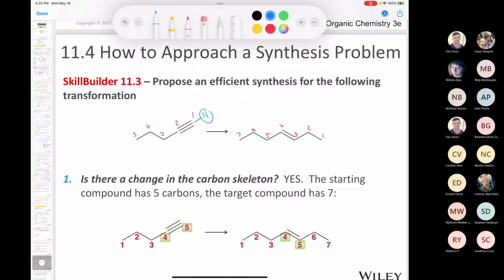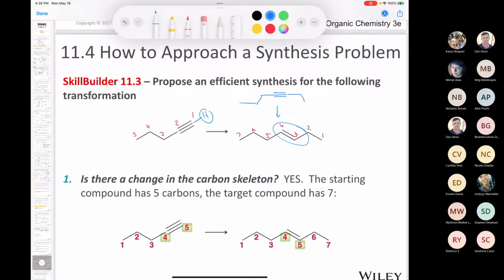And then if we want to reduce an alkyne to a trans alkene, could anybody remind me what the conditions would be to go from an alkyne to a trans alkene? Let's say I was able to make the trans alkyne. You would do it with sodium and liquid ammonia?